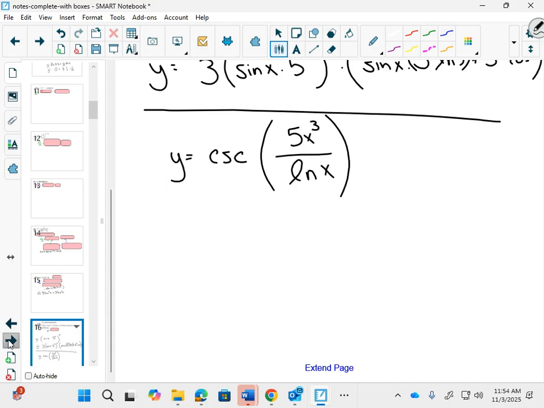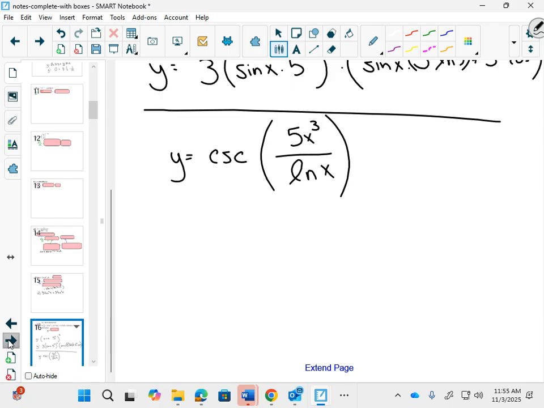What's inside? The 5x cubed over ln x is inside cosecant. What is the derivative of cosecant normally? That's a shortcut I knew you'd forget. Minus cosecant x cotangent x, right?